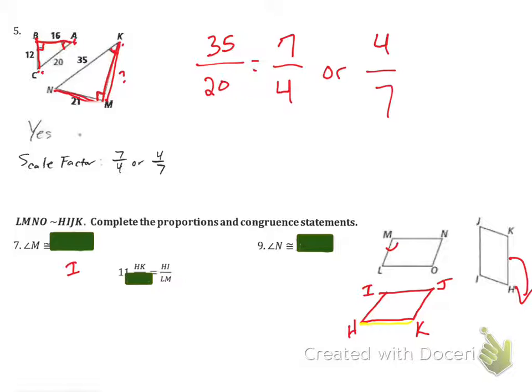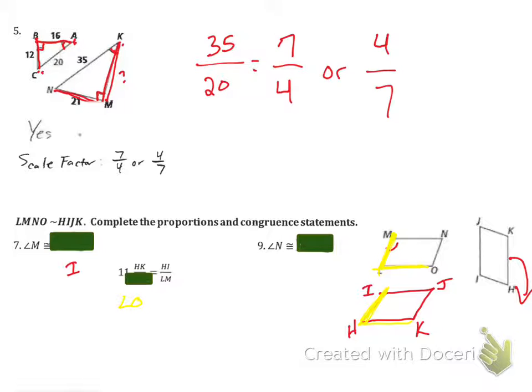So HK over something is equal to HI over LM. The one thing that we're missing in the yellow is obviously this angle right here, so that'd be LO.